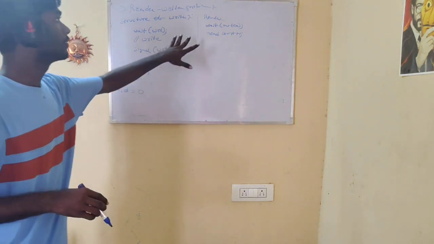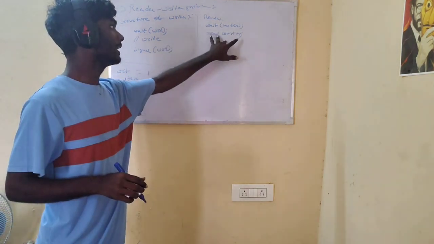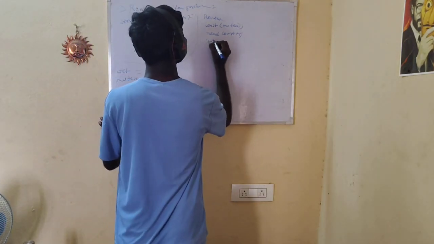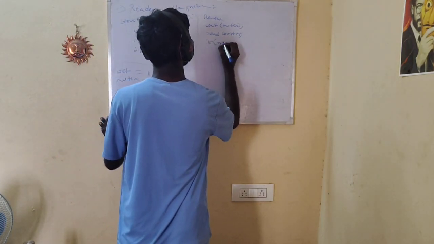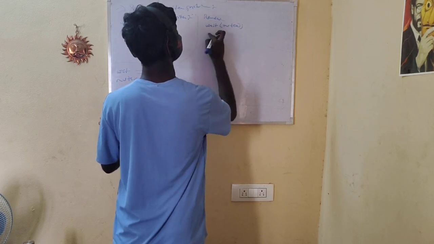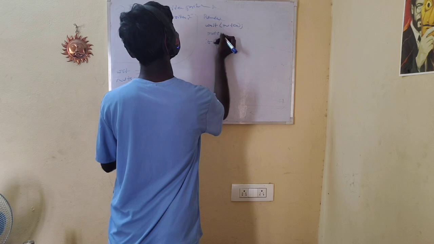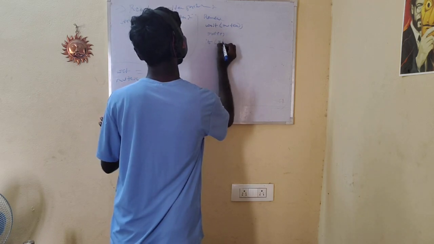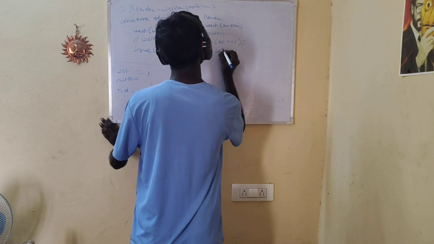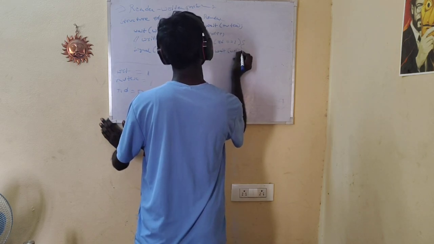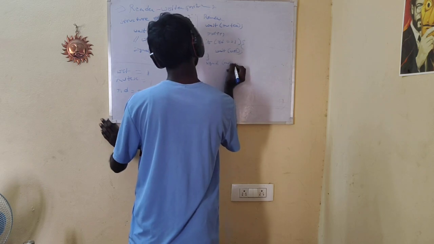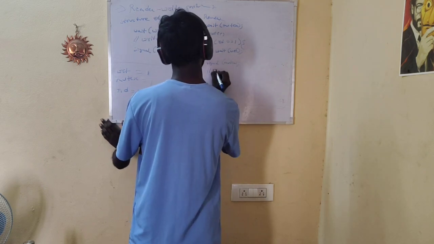Now wait of mutex, then read count plus plus, incrementing the read count. Here I selected the variable name as rd plus plus. If rd equals 1, then wait of wrt, signal of mutex, read.